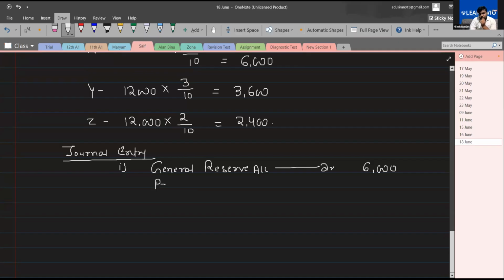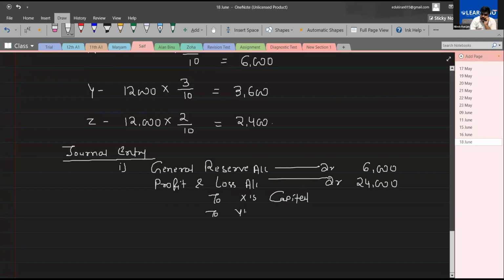Then profit and loss account debit 24,000, to X capital, to Y capital, and to Z capital.